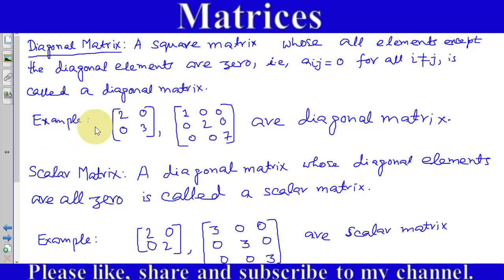For example, 2 0 0 3, and 1 0 0, 0 2 0, 0 0 7, these two are diagonal matrices. Why? Because its diagonal entries A11 is 2 and A22 is 3 and off diagonal entries are 0. Similarly, in the 3 by 3 matrix 1, 2, 7 are the diagonal elements, and all the rest are 0, the off diagonal elements. So both are diagonal matrices.